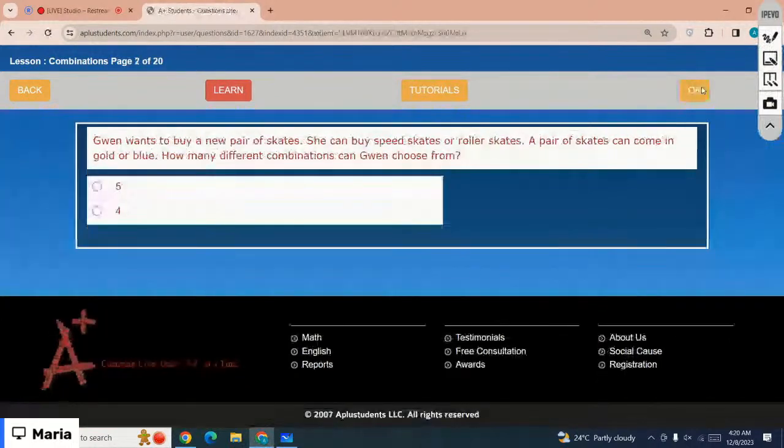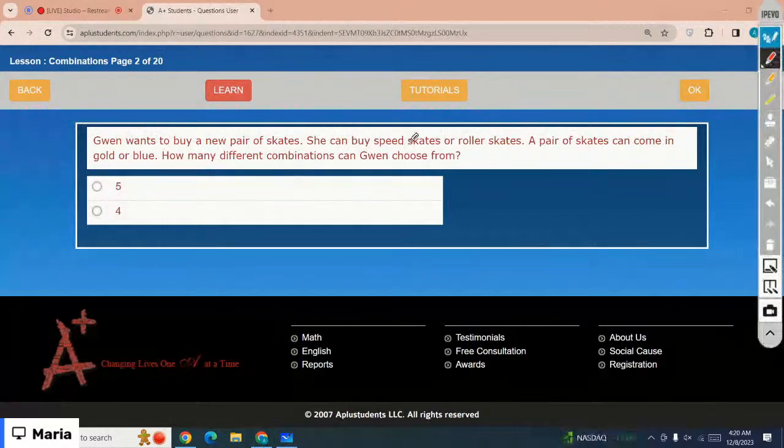Kevin wants to buy a new pair of skates. She can buy speed skates or roller skates, two options here. A pair of skates can come in gold or blue, two options here. How many different combinations can she choose from? So which is the correct option?